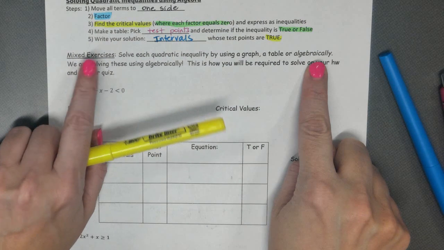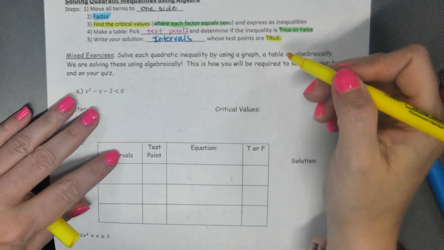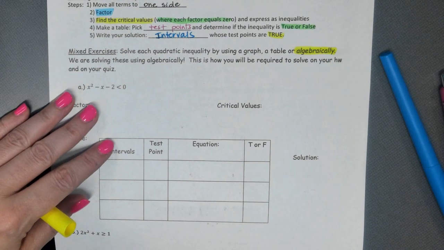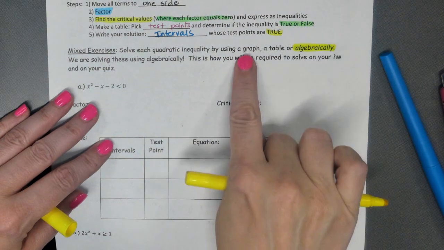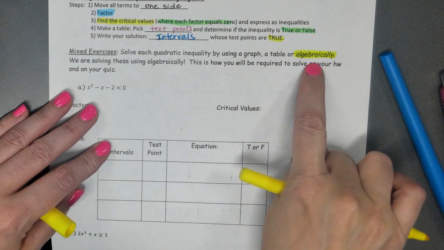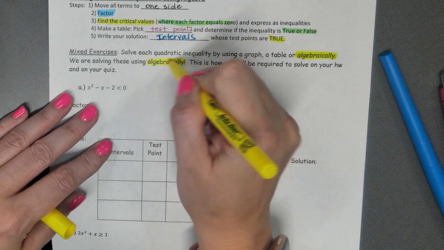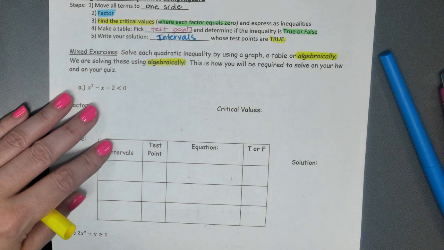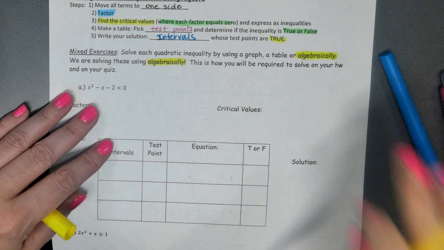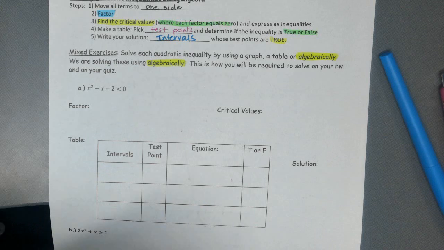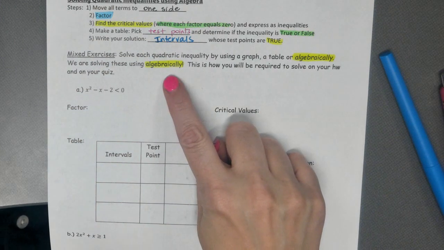Any of the mixed exercises that you're doing in your homework, you are going to solve algebraically. So not the graph, not the table. This is what we're going to do. So anyone that's in the mixed exercises, those are using algebra, and that's how I want you to do it on your homework. And then, of course, you'll have some on your quiz that say solve using algebra.